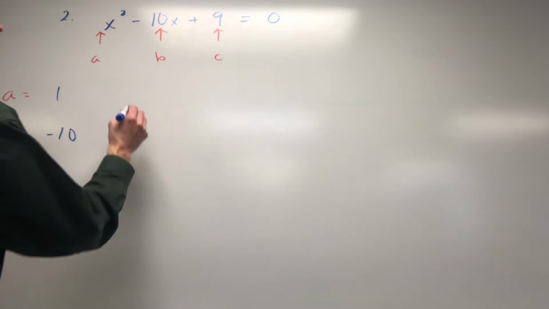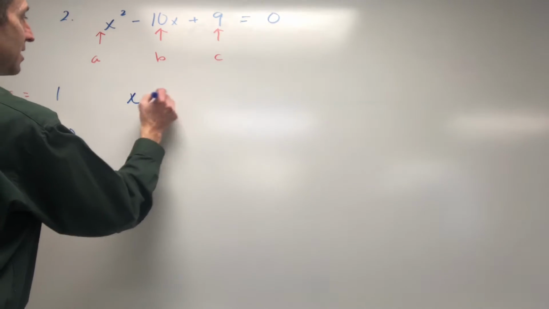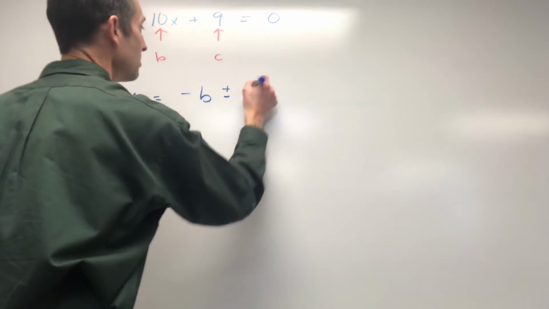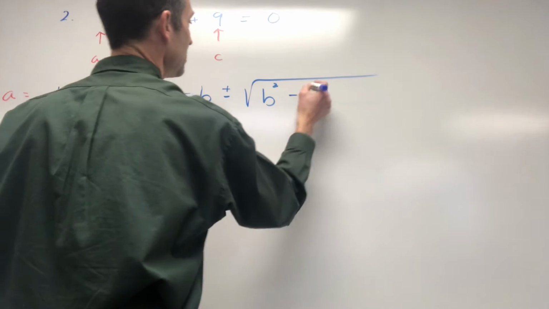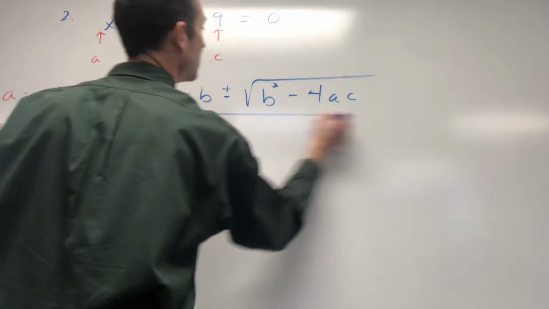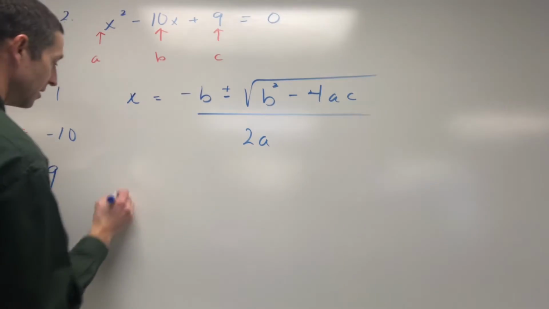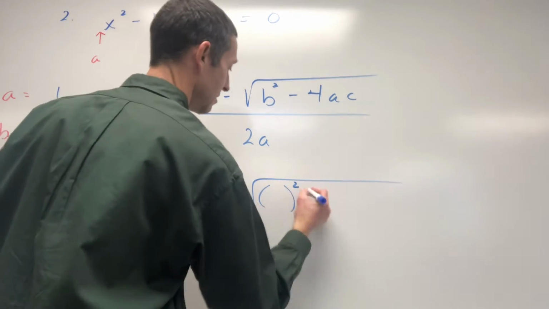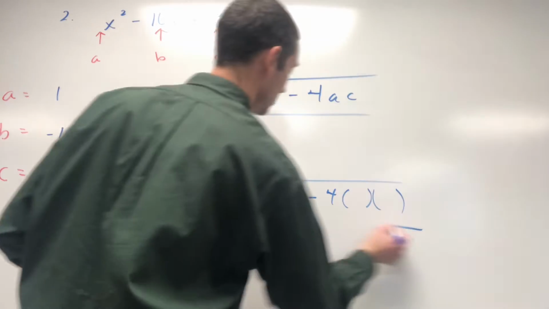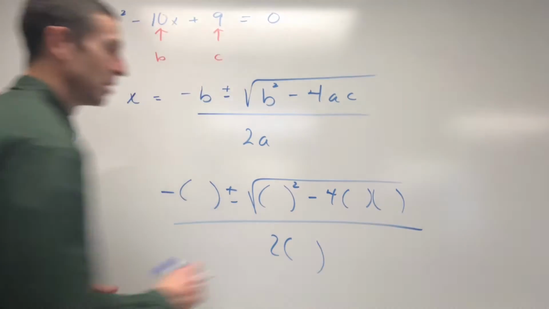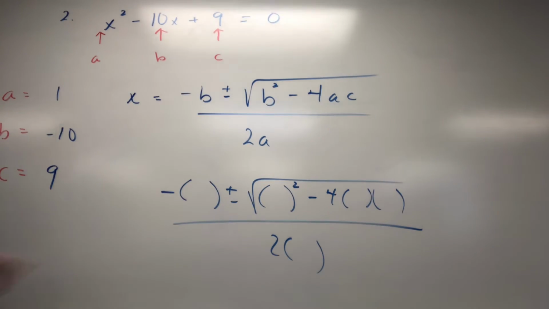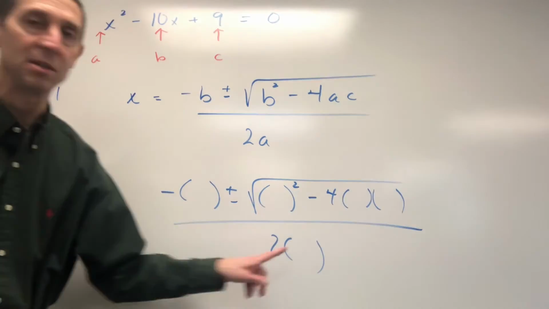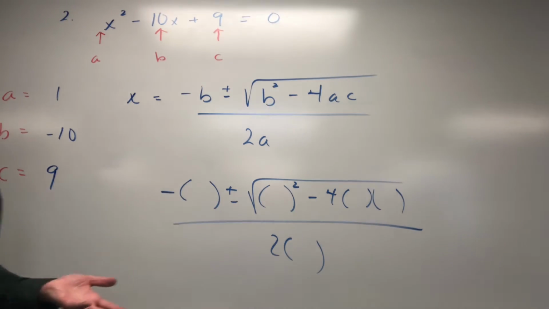Now this is how I like to do it. Here's your formula. x is equal to negative b plus or minus the square root of b squared minus 4ac, all over 2a. What I'm going to do, guys, is I've got all these holes, these spots, where I plug in values.